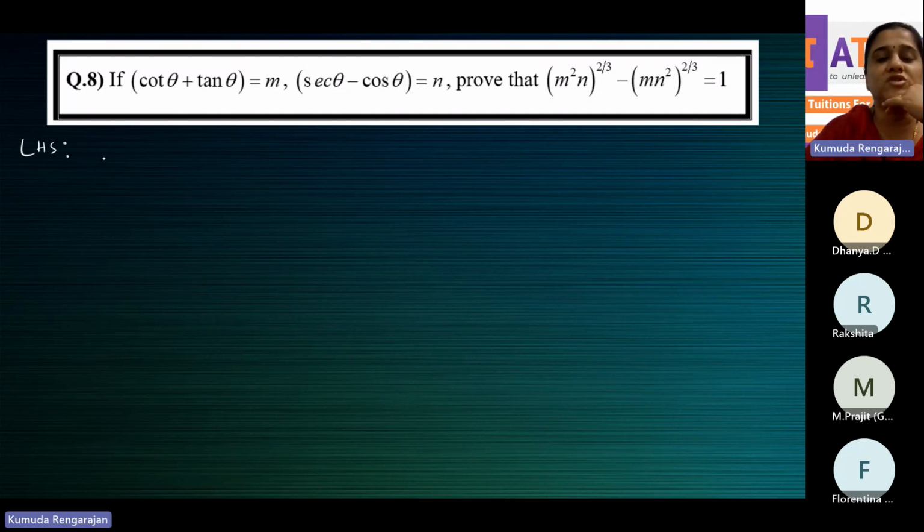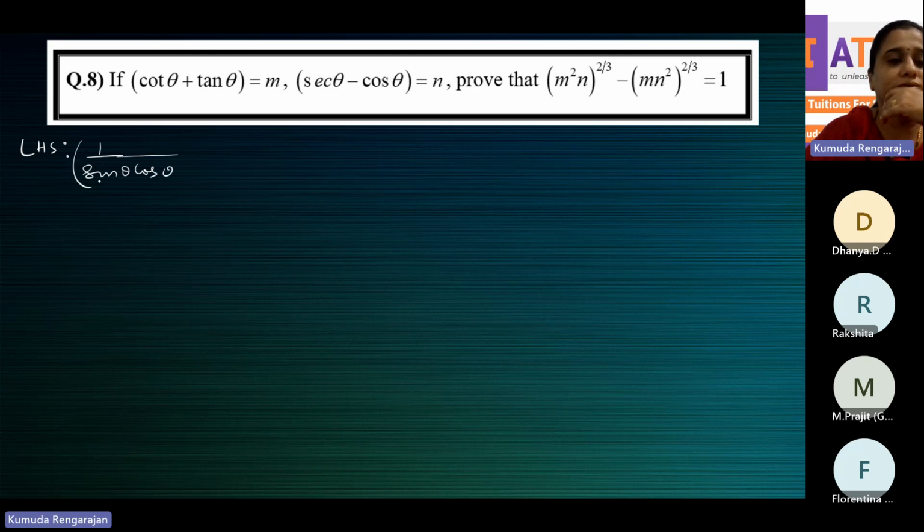So tell me, what is M, children? I'm working the LHS. What is M? No, after that simplification. M is 1 by sin theta cos theta.